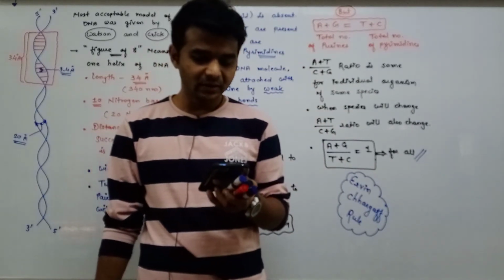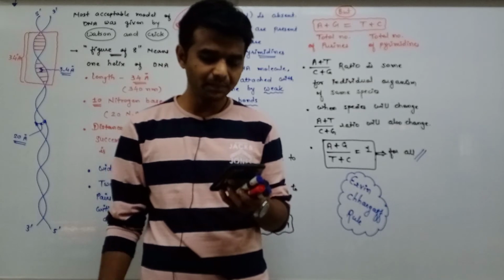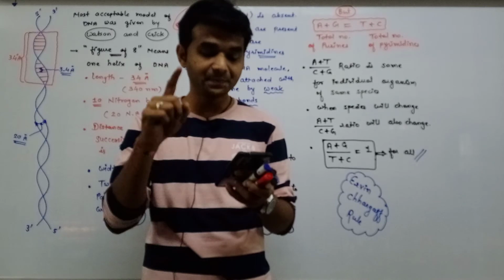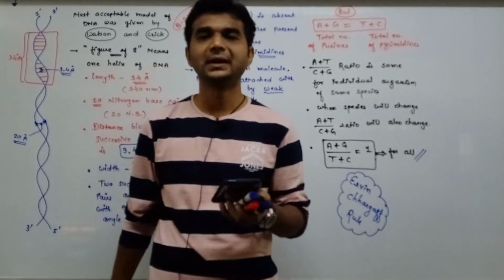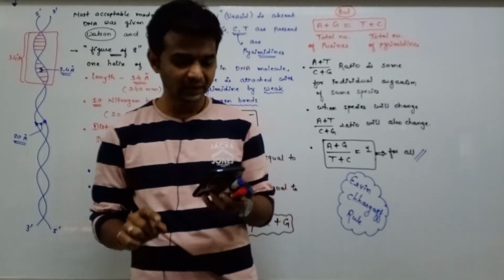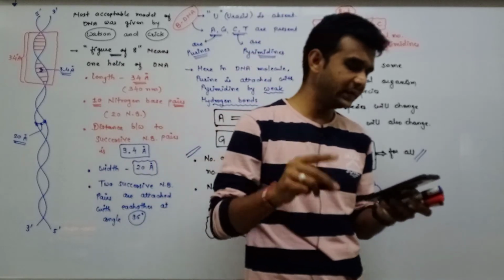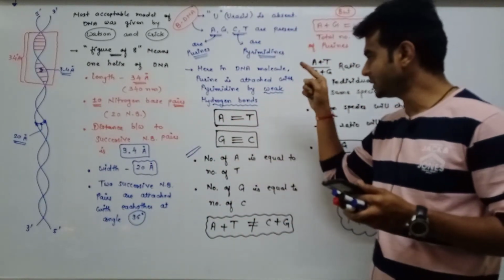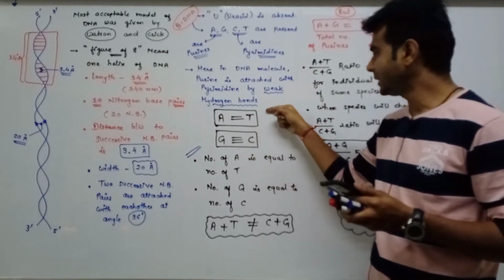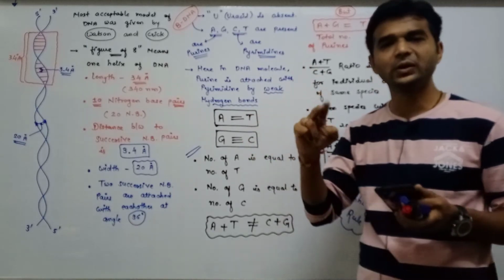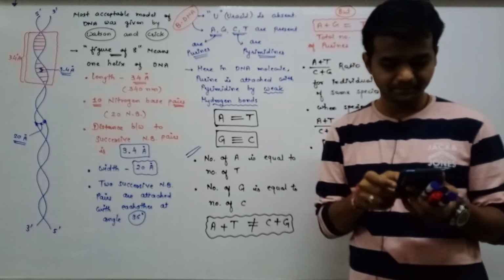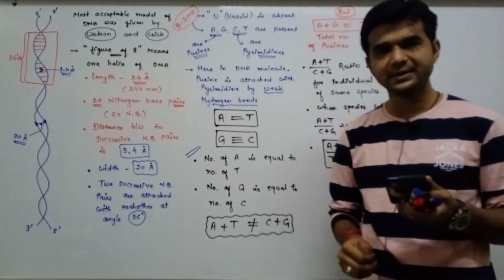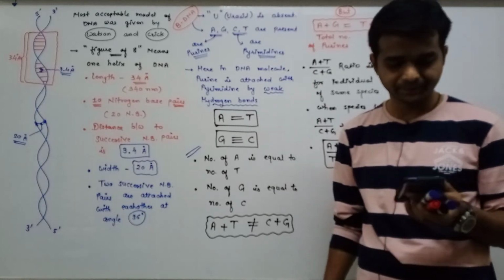A and G of one strand compulsorily base pair with T and C respectively. Again, A and G of the one strand are compulsorily attached with T and C respectively on the other strand, the opposite side.